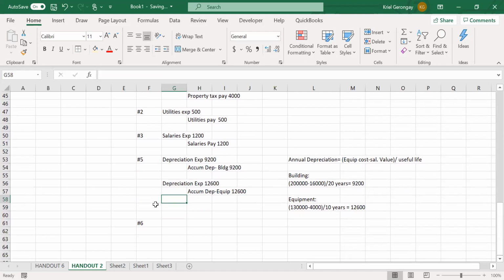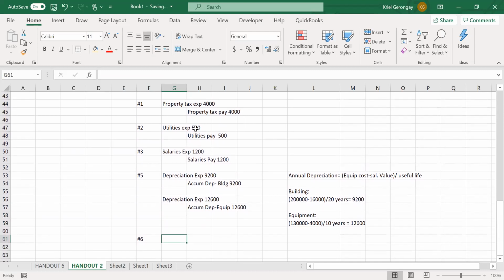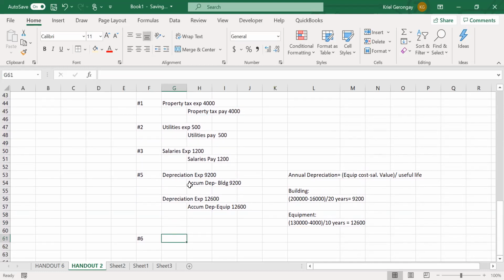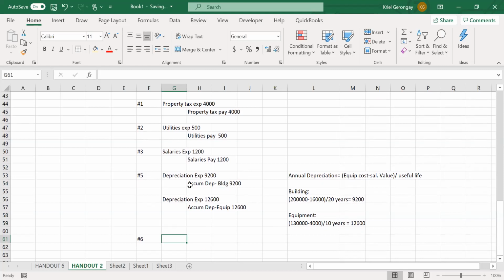And for number 6, it's pretty similar to the first adjusting journal entries that we did. Number 6 says income tax of 7,500 is payable on March 5th, 2021. As Jenny said earlier, to determine whether we're going to use the payables, just keep in mind that if we haven't paid the transaction yet, then it is going to be recognized as a payable.